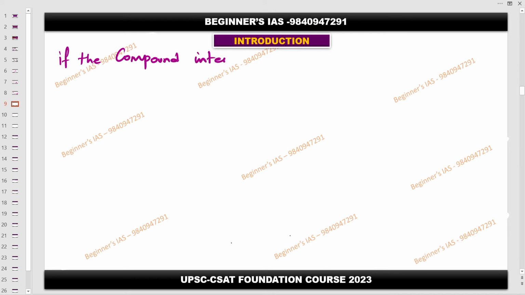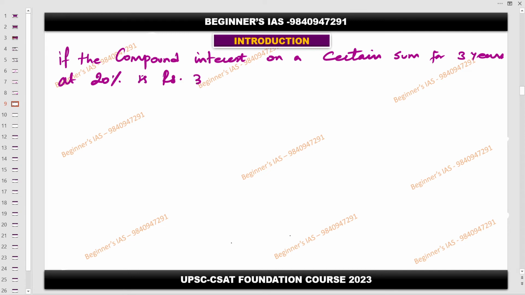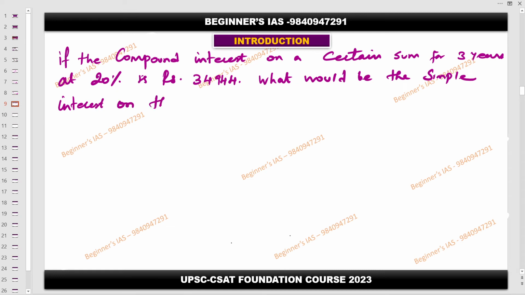If the compound interest on a certain sum for 3 years at 20% is rupees 34944, what would be the simple interest on the same sum at the same rate and same time period?